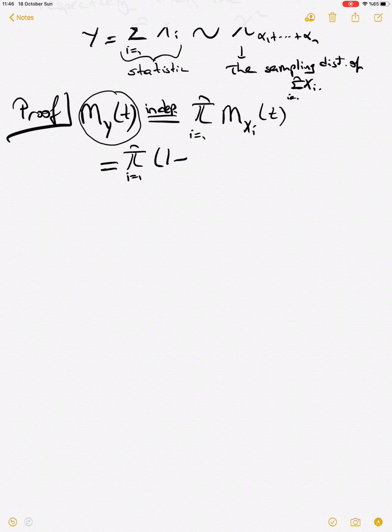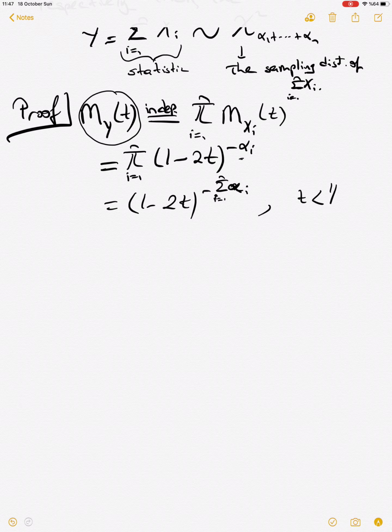So we have chi-square with beta value 2 and alpha values each alpha i. After multiplying, only the alpha terms are changing, so we have 1 minus 2t to the power minus summation of alpha i, i from 1 to n, and t should be less than 1 over 2.